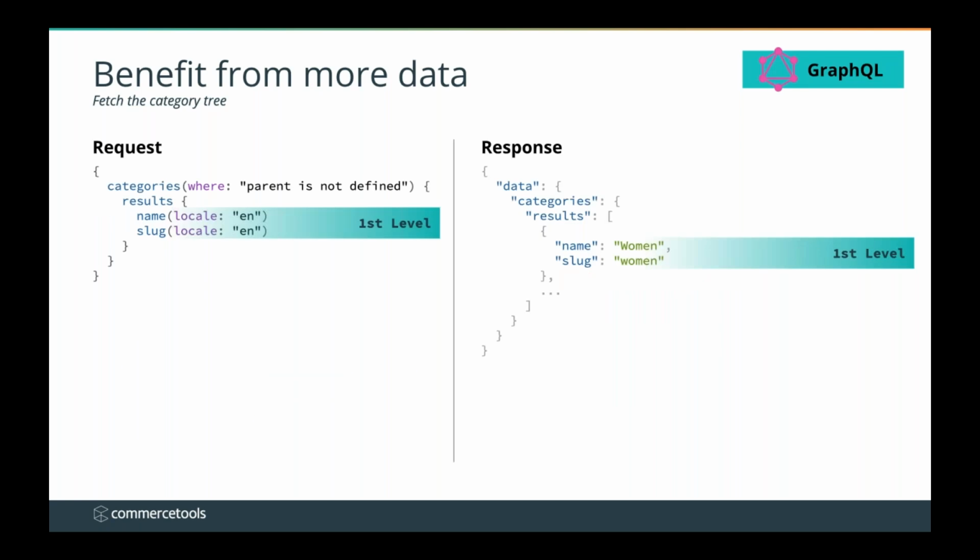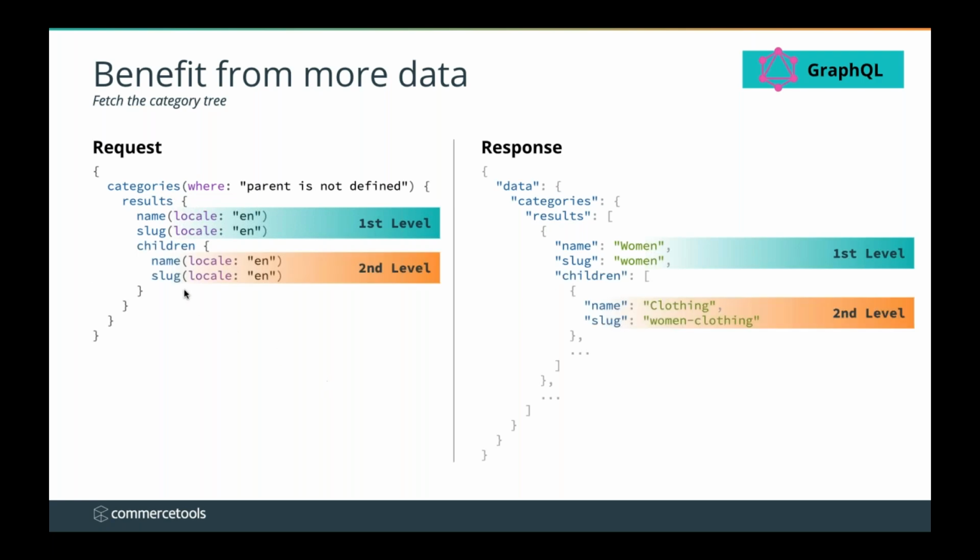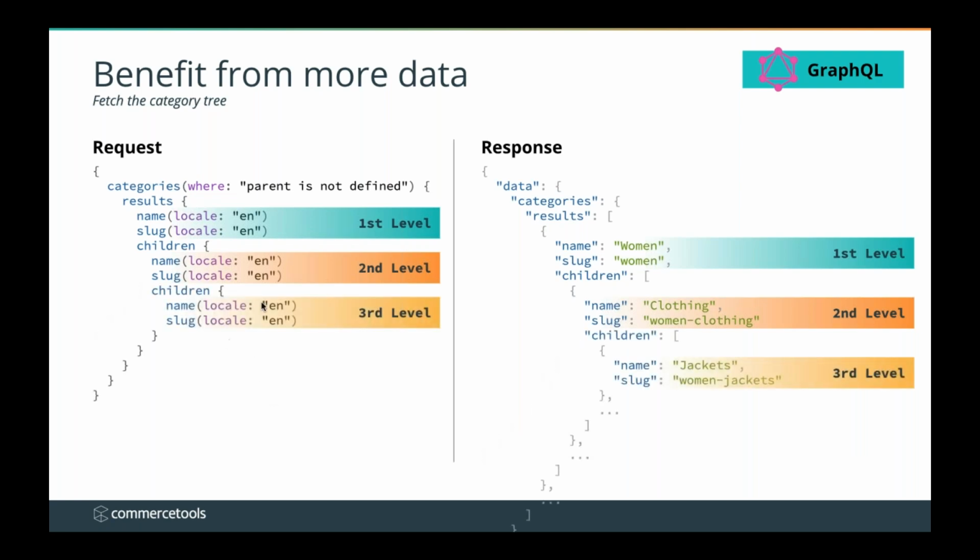How does it look in GraphQL? In GraphQL, we can do the same approach. So we get only the categories that have no parent. We get the information that we want, and then we can call children with the name and a slug to get the second level categories. And we can also get more children of these ones to get the third level categories.